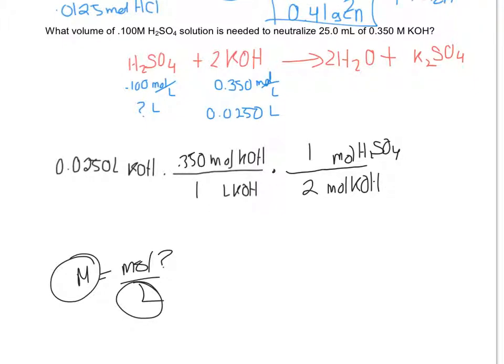Last step is actually answer the question. We're trying to find liters. So right now, these cancel, I'm at moles of sulfuric acid. So then I'm going to put moles of H2SO4 on the bottom, because I want to get rid of them. I want to put liters of H2SO4 on top. That's what I'm trying to find.